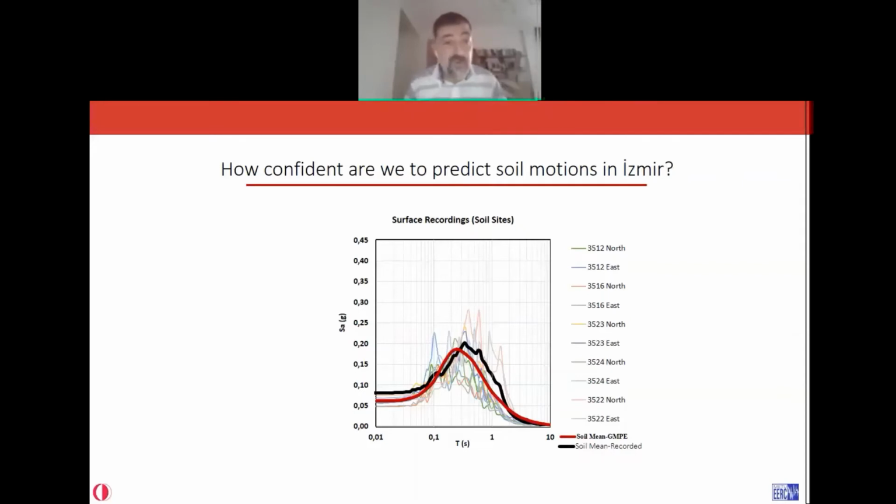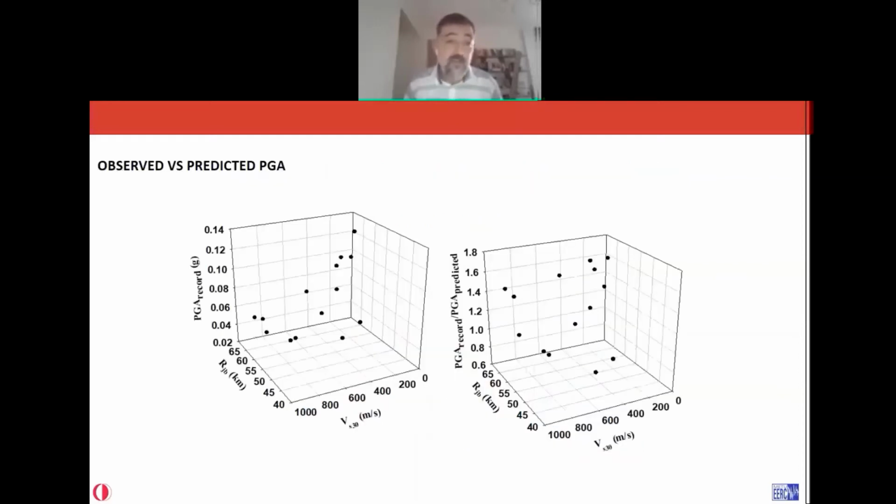When I say site effects, please don't forget that site effects include soil amplification, basin effects, and topographical effects. When I say topography, it's not just surface topography, but it also includes subsurface topography. So it is a general term that we use to define the phenomena.